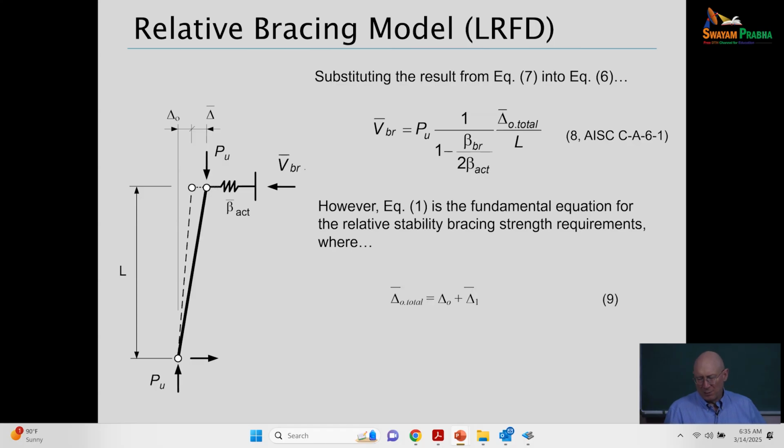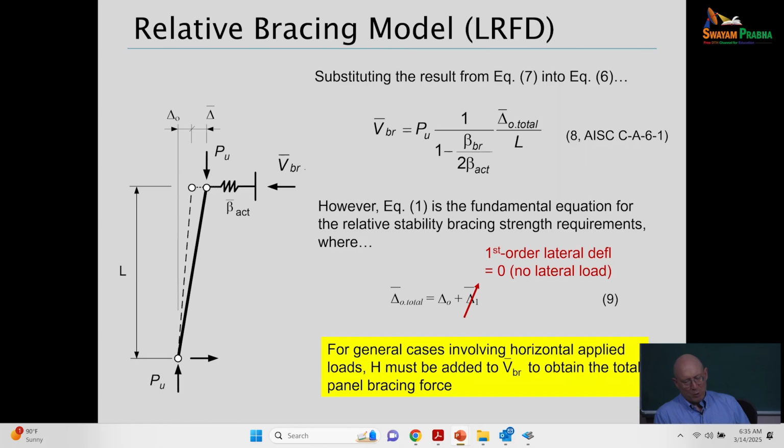Now delta naught bar total is delta naught plus delta 1 bar, but we're going to take delta 1 bar here equal to 0. We're going to assume there's no side sway under gravity, or there's no horizontal load that would tend to give us side sway. But if we had a more general case, say a horizontal load applied at the top, of course we would include that.